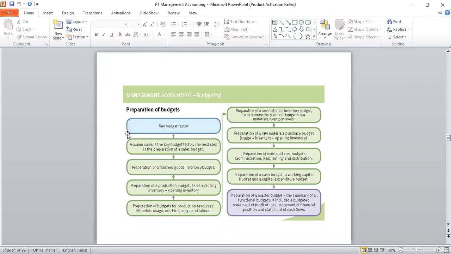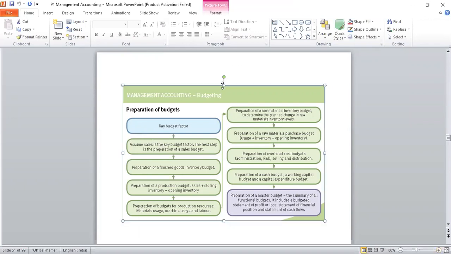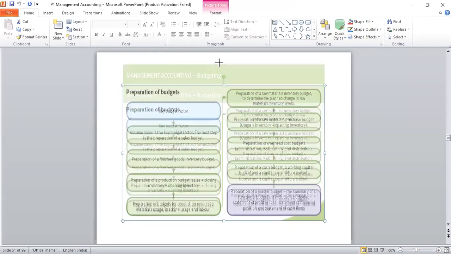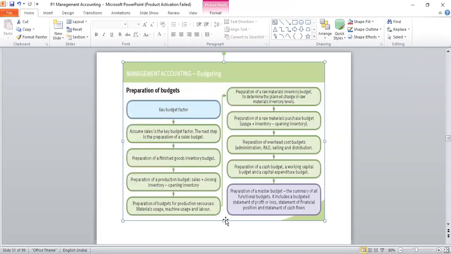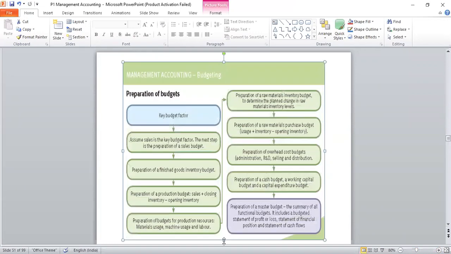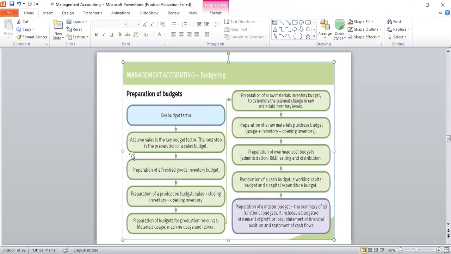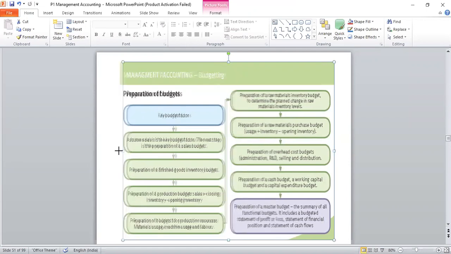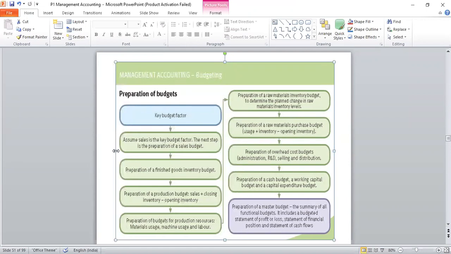Start with key budget factors. First step, we start with sales budget. After the sales budget is prepared, then we have the other functional budgets like the production budget, purchases budget, labor budget, overhead budget. Then under the operating budgets, we have other budgets also mentioned like R&D, administration, selling and distribution.